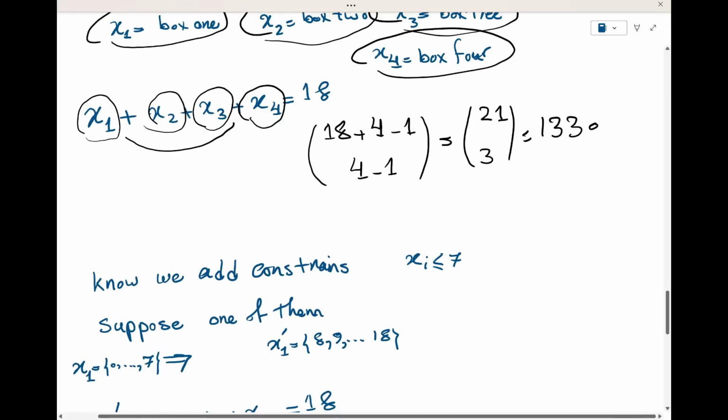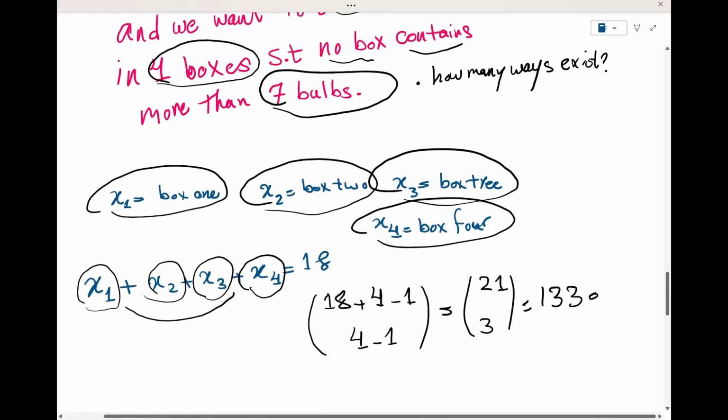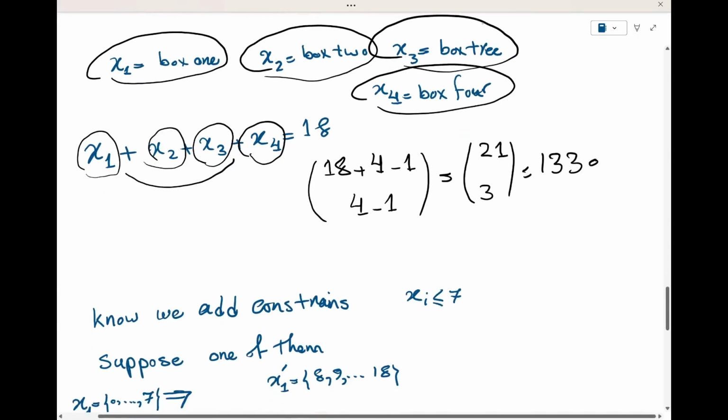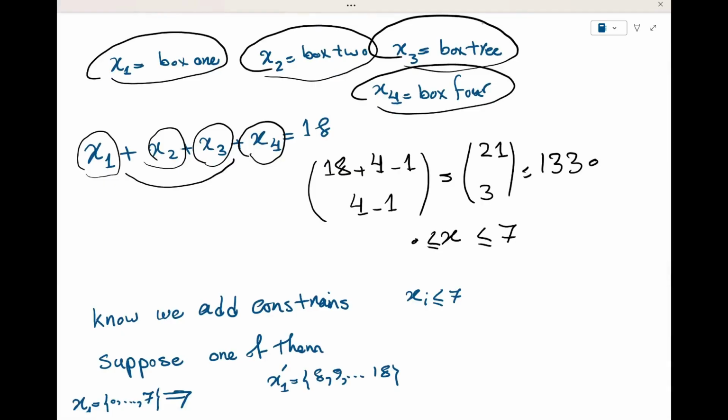But if we add the constraint, because all the boxes must not have more than 7 bulbs, exactly our constraint is something like this, between 0 and 7. We calculated this part and we must now add this constraint.